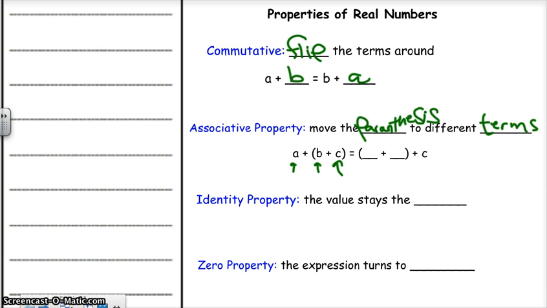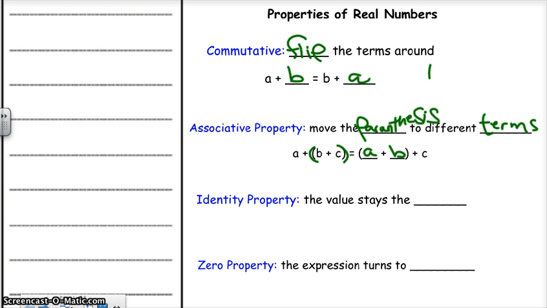They make up part of the expression. So if I move the parentheses to include different terms, this is A plus the quantity B plus C. If I want to move them around, I can group A and B together, then add C.